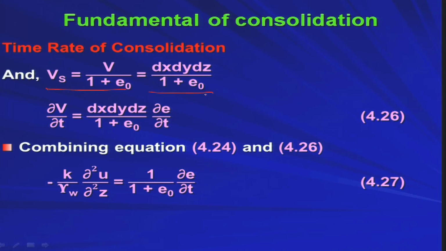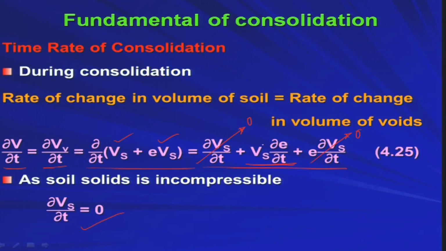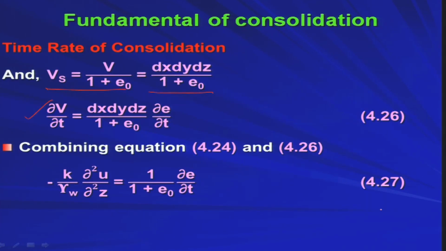V is the volume of the soil element, that is nothing but dx dy into dz, divided by 1 plus e0. So, basically ∂V/∂t is equal to Vs into ∂e/∂t, right.